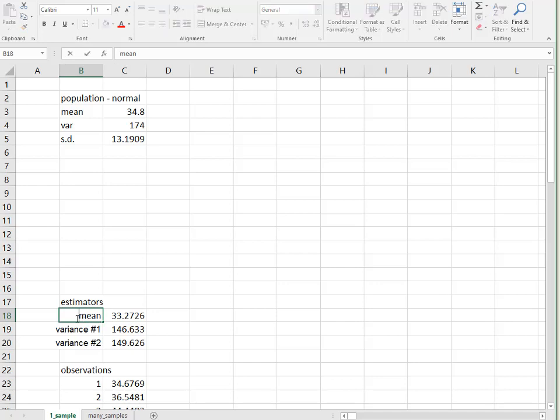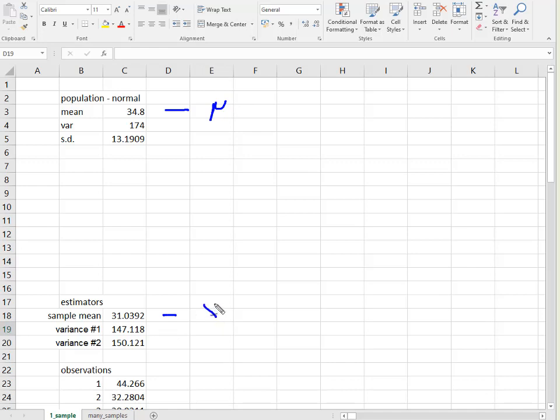This mean we should really call the sample mean, to distinguish it from this one, which is the population mean. In terms of notation, this unknown mean is normally known as mu. This is the population mean.